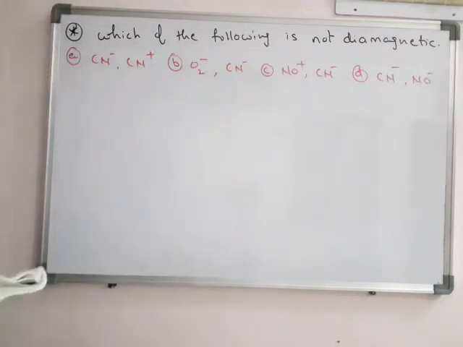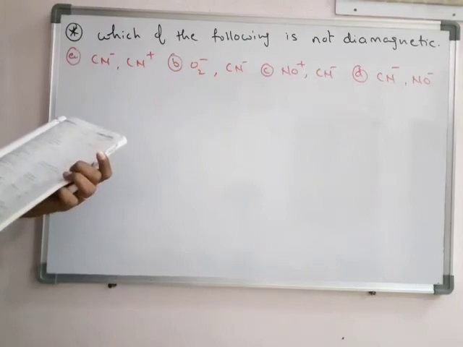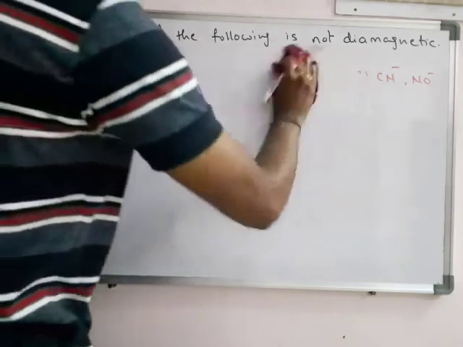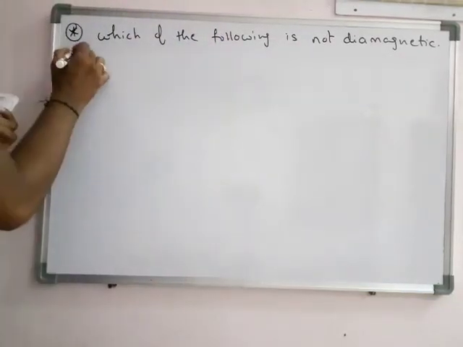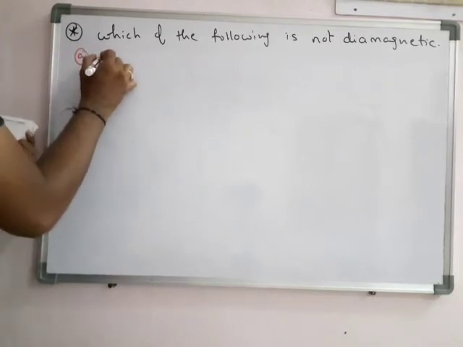Sorry, the options were wrong before. Which of the following is not diamagnetic?